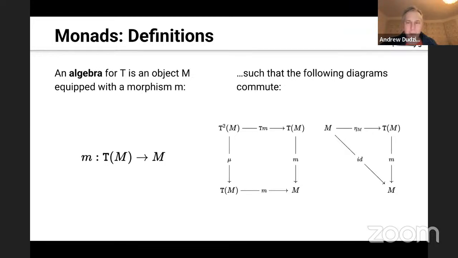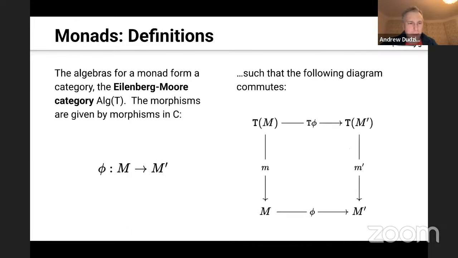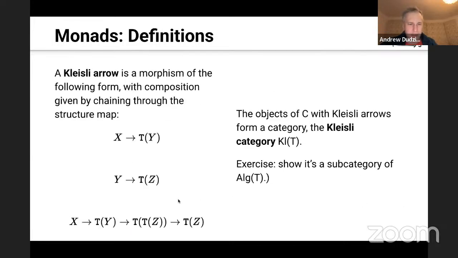So the relationship between monads and their algebras: a lot of people think of monads in terms of the Kleisli arrows. That is to say, the monad T is really describing computations that take X's and don't quite return Y's, but they return some modified version of Y. So for computations that you might hope return a number, but actually they return a list, something like that.